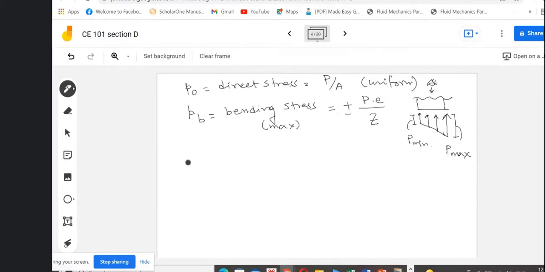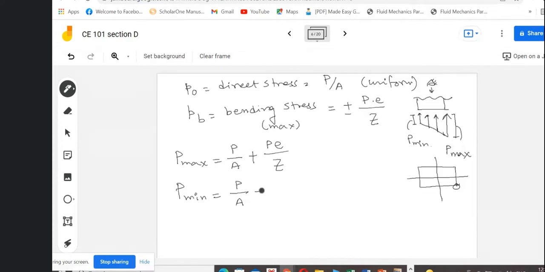So now we can say that maximum stress occurring at one of the extremities is P by A plus P into E by Z, because here it was the compressive part, whereas the P minimum is P by A minus P into E by Z, and that is happening here.